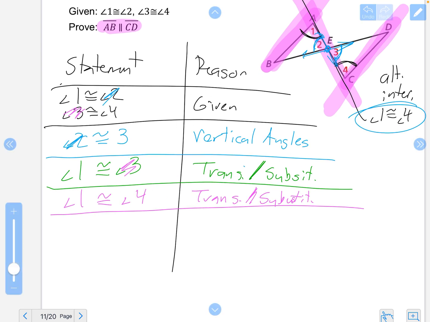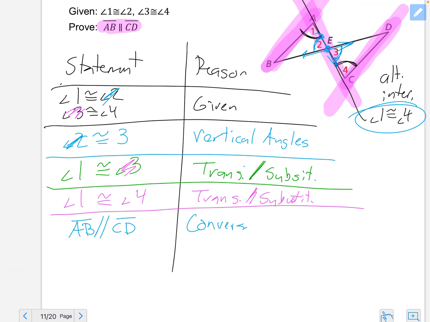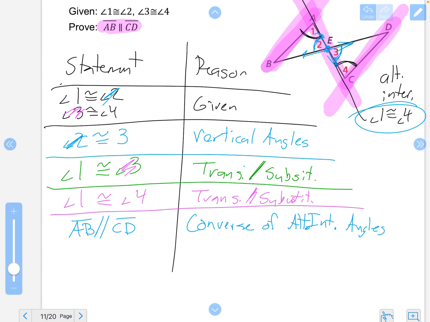If I know that 1 is congruent to 4, then I know that AB is parallel to CD because of our converse of alternate interior angles. I abbreviated both of these. And that is how we use proofs while proving lines are parallel.